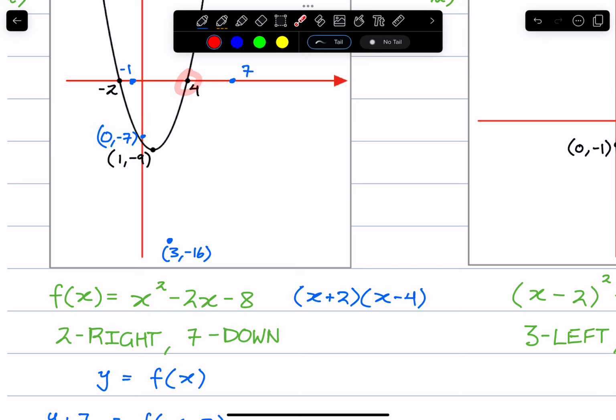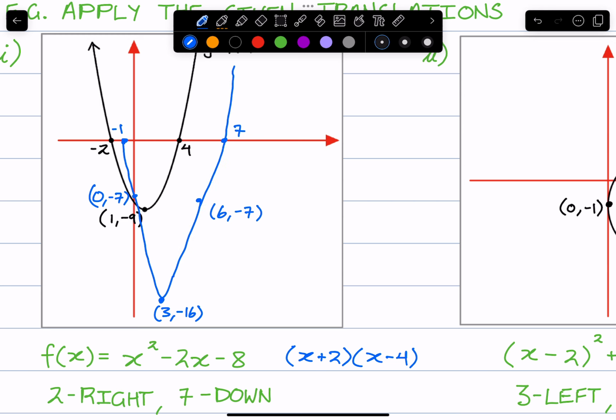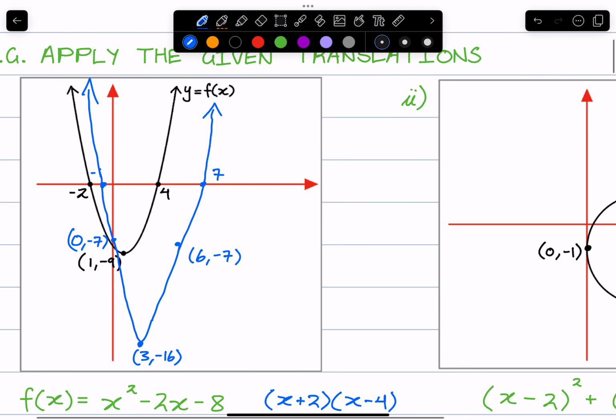And this point here, 2 units right, 7 units down, that would also get us to 6, -7. And now this is definitely not to scale, but our new transformed function would look something like this. Obviously a very rough sketch, but this is what it would kind of look like here.